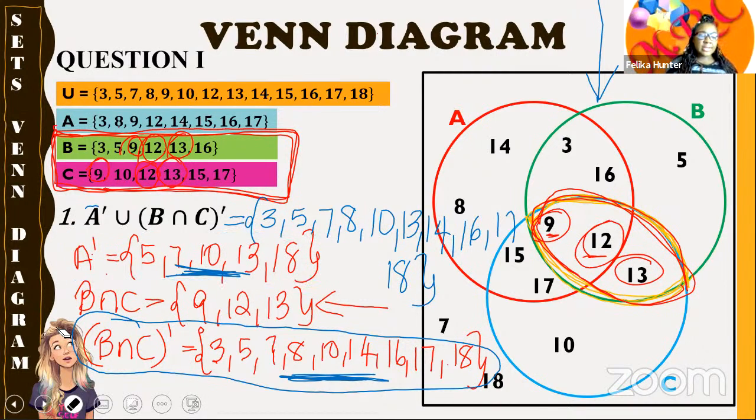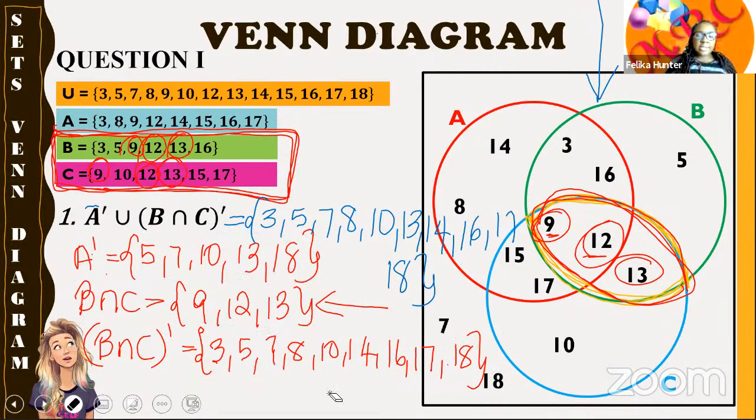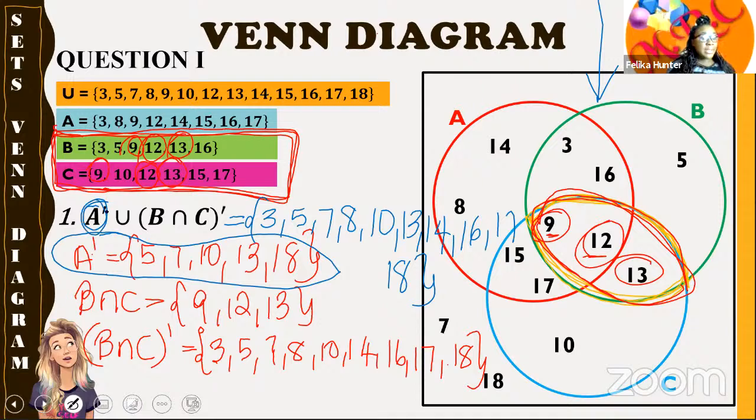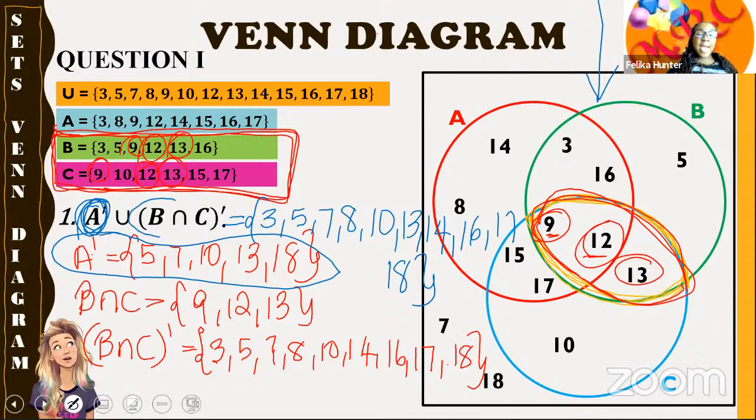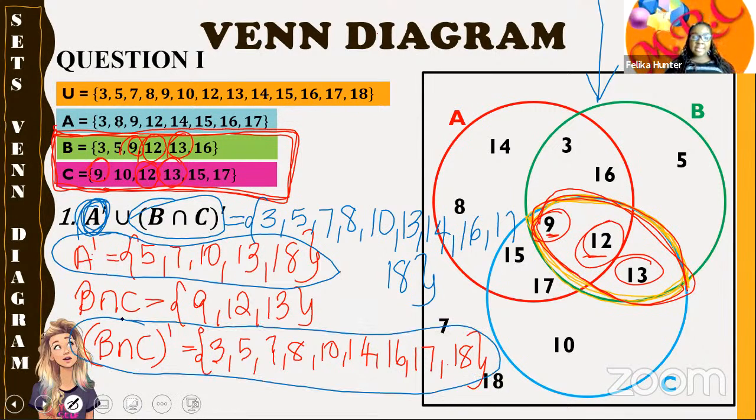Let me just clear some of these lines. You're taking your answers from here, which is A complement. They want A complement, and you found it, and they want the union of A complement and B intersect C complement, and you found what B intersect C complement is.